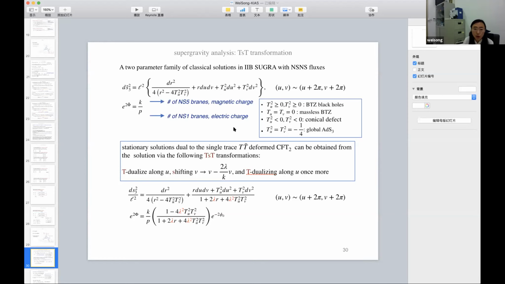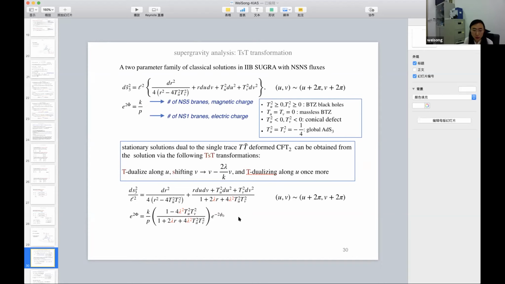We can perform TST transformations on the entire class of such solutions, along this null direction U and the other null direction V. And finally, we get such a new background. When lambda goes to 0, of course, we get back this old class of solutions.